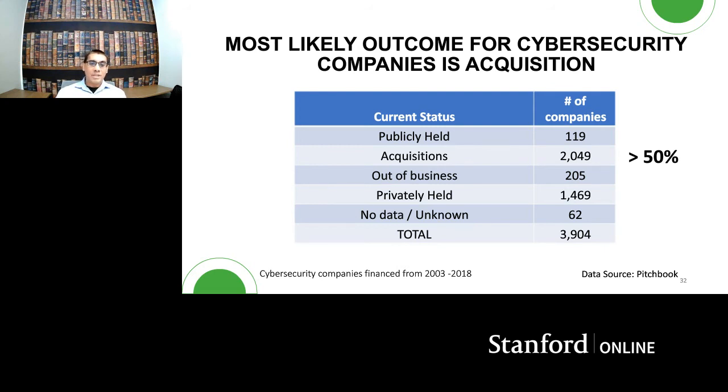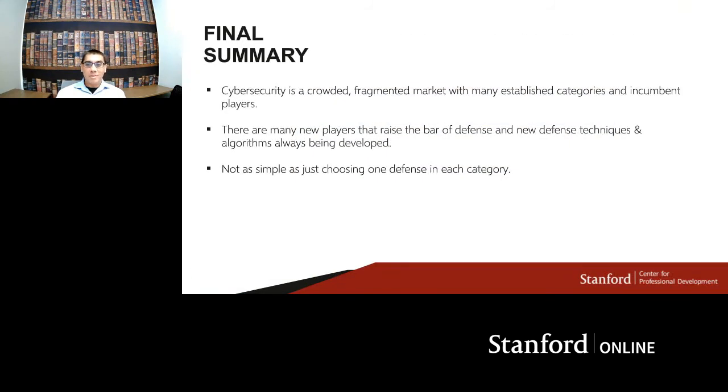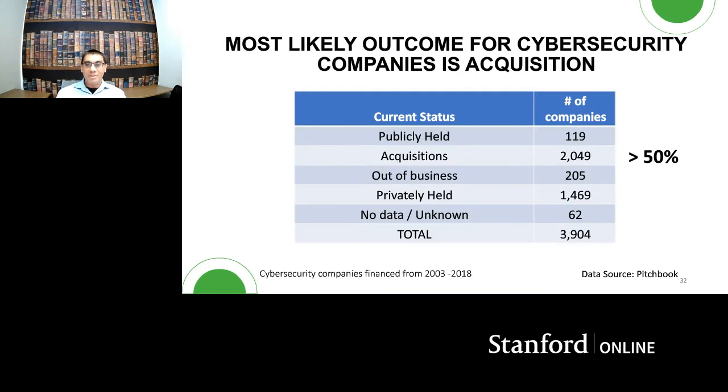In fact, the most likely outcome, based on a study of over 3,900 funded cybersecurity companies from PitchBook data, is that over 50% of them get acquired. So out of 3,900 companies funded over the past 15 years, over 2,000 of them have been acquired. Relatively few have gone out of business, only 5% or less. And there's still a bunch that are privately held.